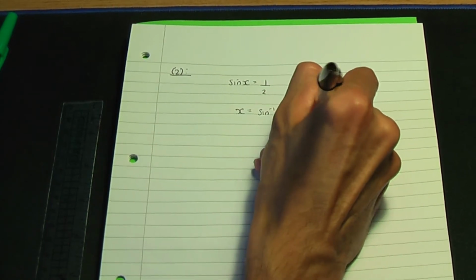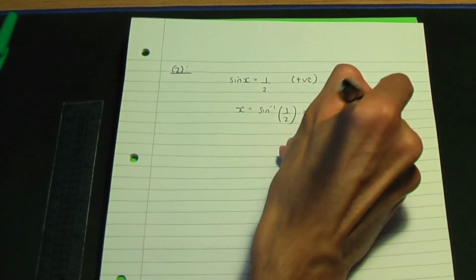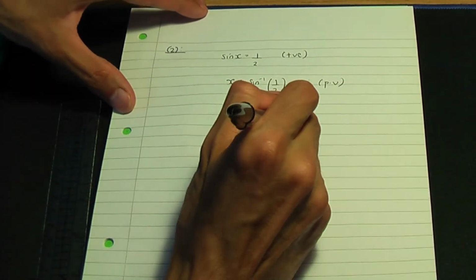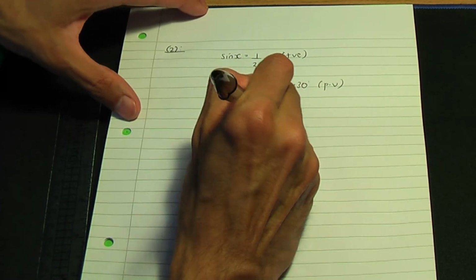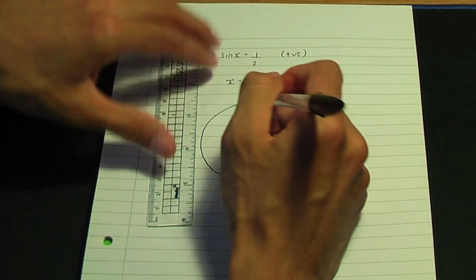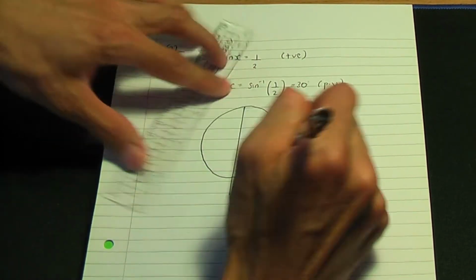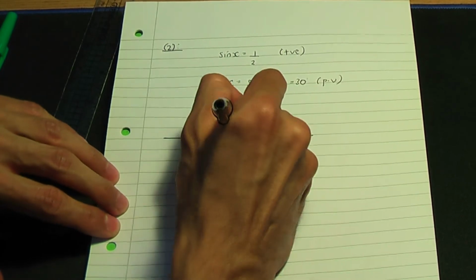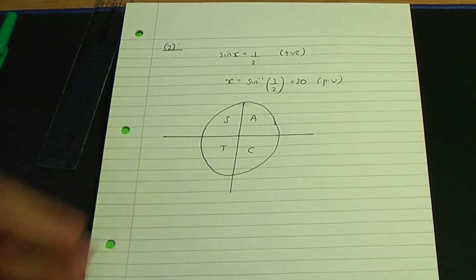That's the standard result, 30 degrees. So that is our principal value. I don't like to draw everything on one CAST diagram, so let me use a separate one for the second equation. Let's include some quadrants and label them A, S, T, C.